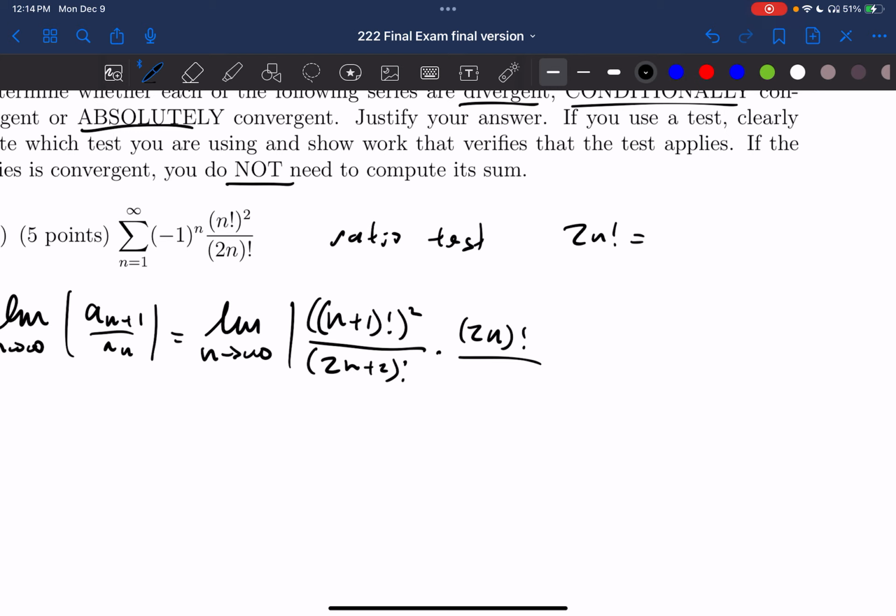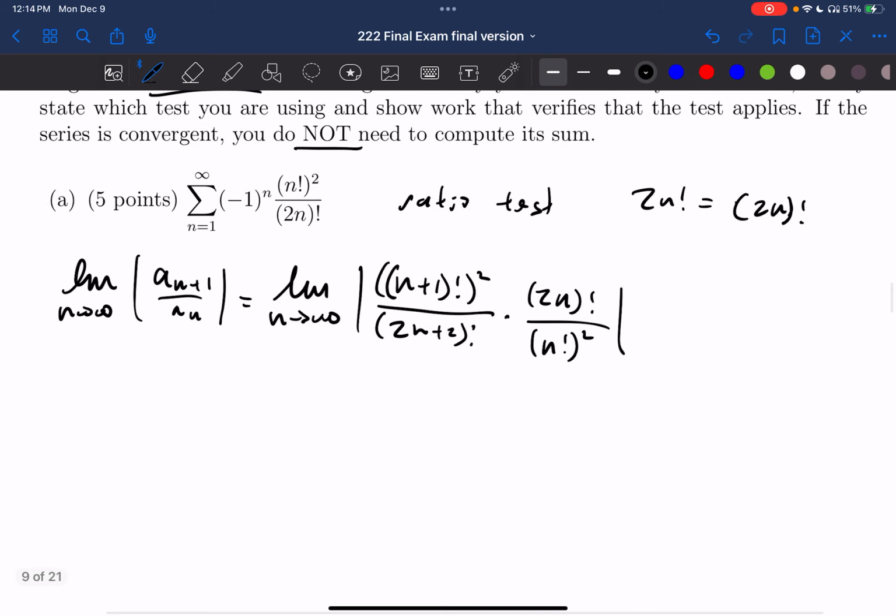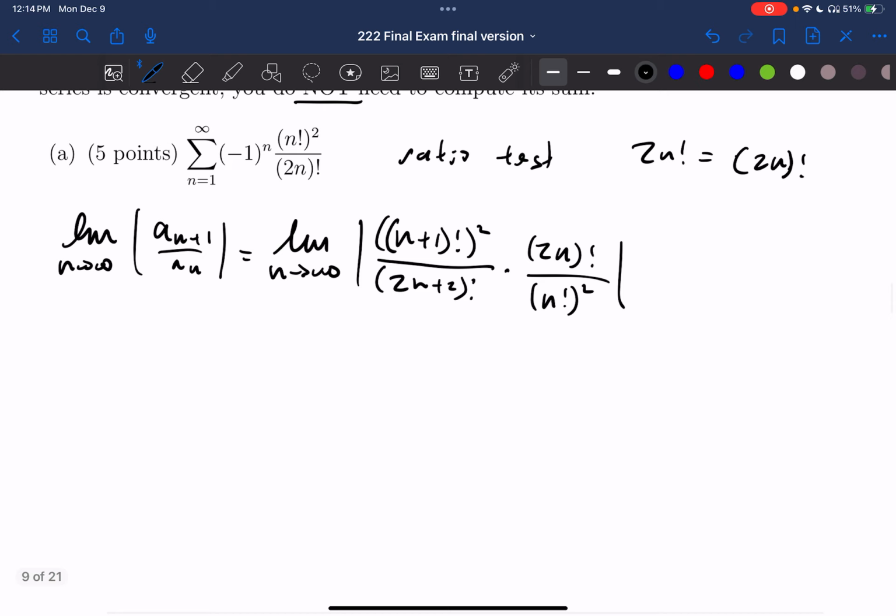This is the same thing because if you distribute the factorial, 2 factorial is just 2. So we can rewrite this later. This would be a 2, this would be n factorial squared. We can see there's no x's in this, so we can drop the absolute value sign.